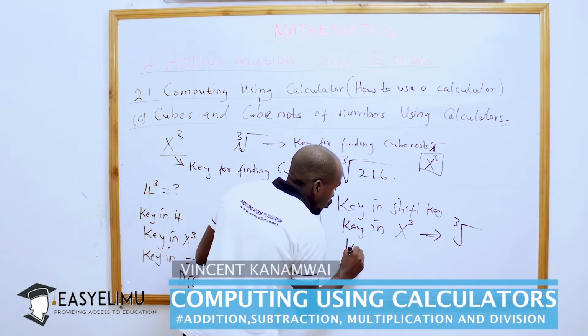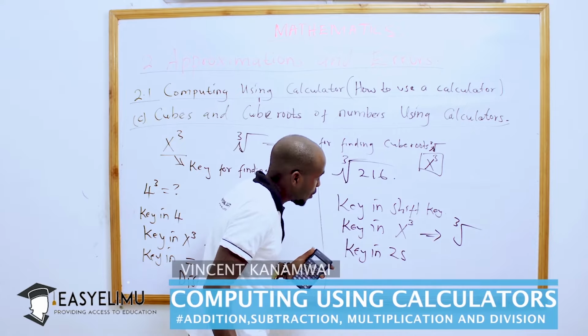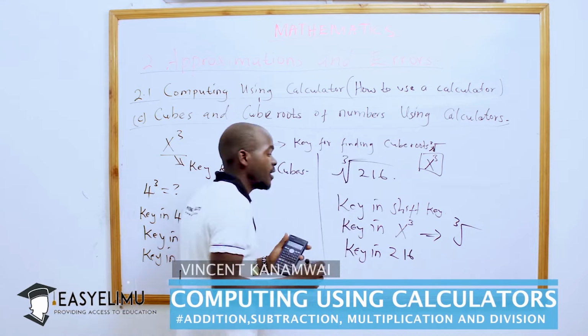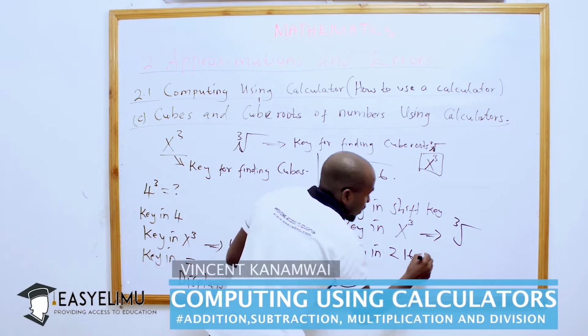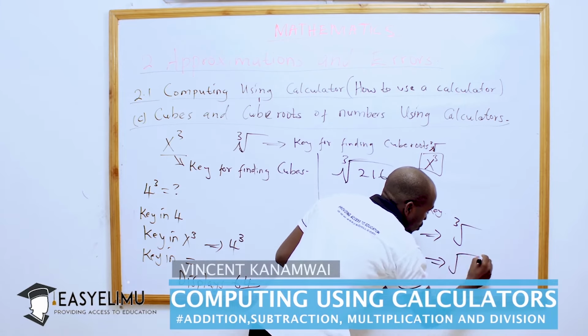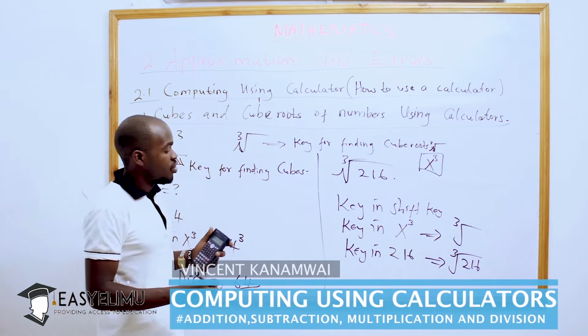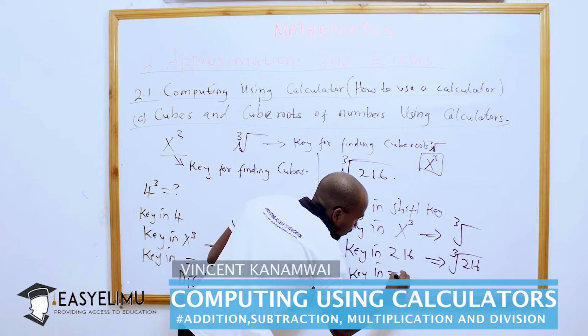So after that one, you key in now the number you have been provided with. For this one, which we are handling, we have been provided 216. So that is what we are going to key in. And you will find the screen shall display cube root of 216. After doing that, you now key in the equal sign.